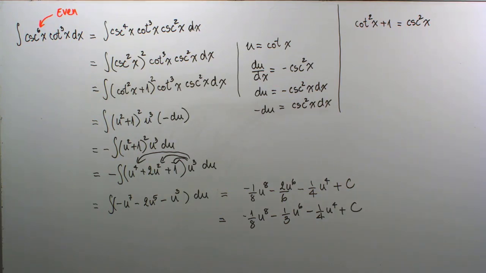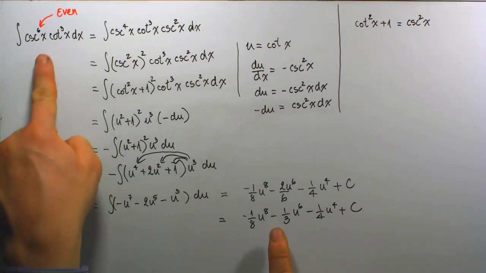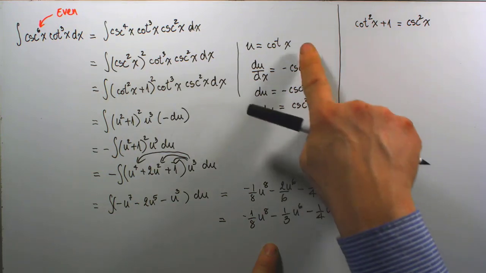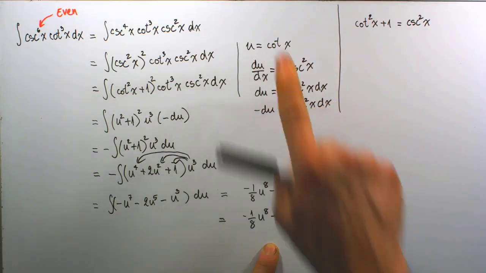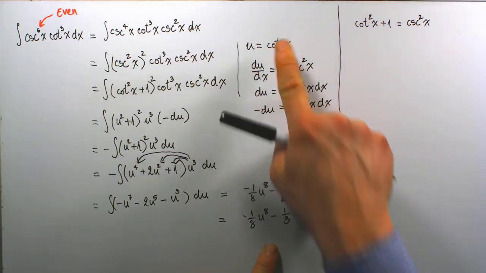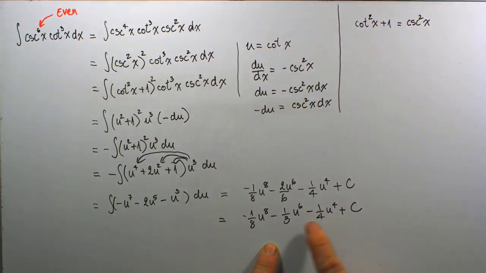All right. And so we're near the end of the problem, but we must bring back the original variable, which was in terms of x. And so the substitution that we made was where u was equal to cotangent of x. So now I'm going to substitute back the cotangent of x into each one of our u variables here.